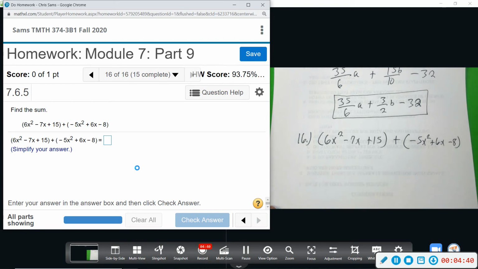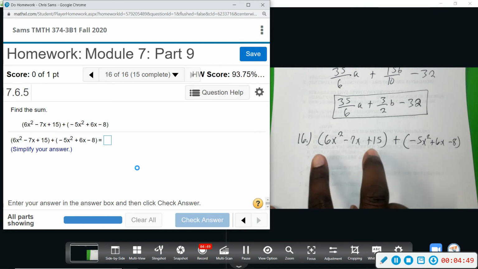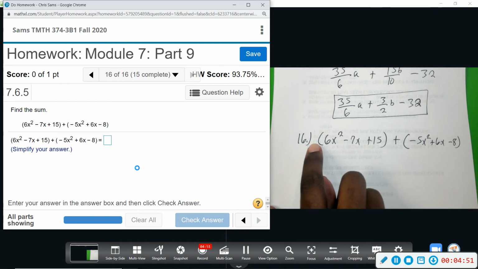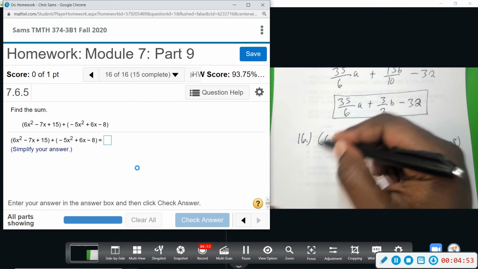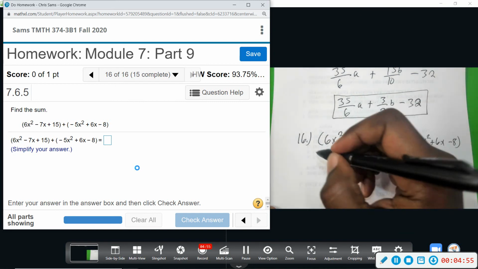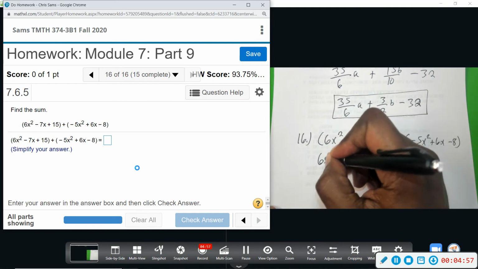So if you can simplify inside parentheses, you would do that. Same thing here. And then if you can't simplify, we're going to drop the parentheses because there's nothing out front. It's like you would have to distribute if there was something here. There's nothing out front. So we can just drop these parentheses.